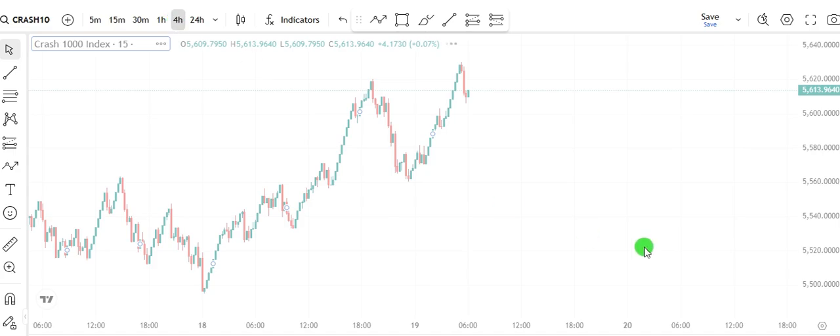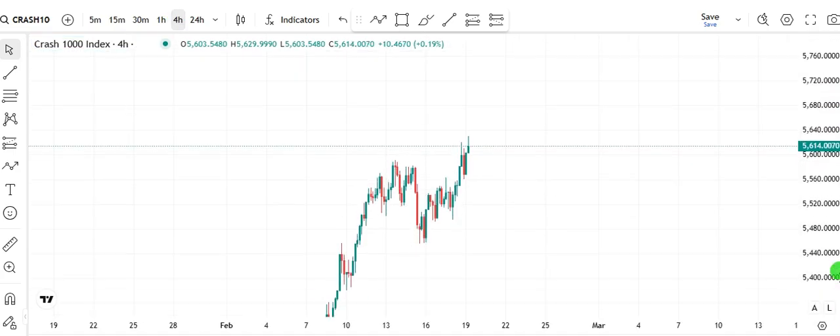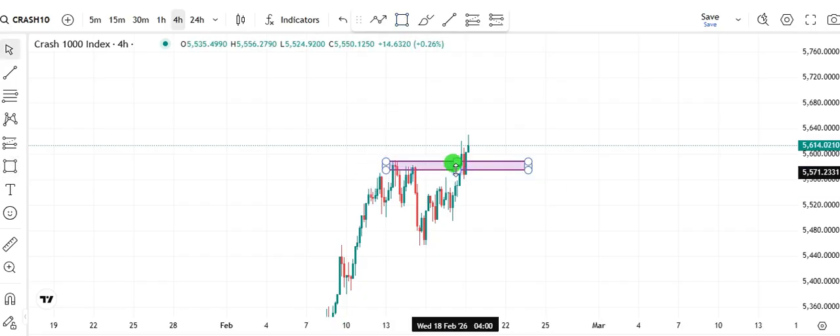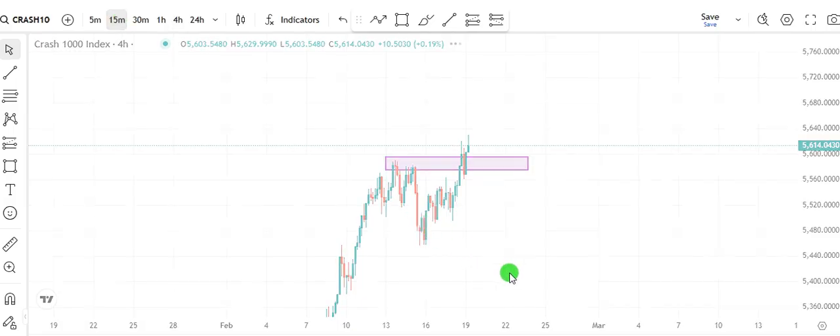Let's go to the 4-hour chart. I've already seen some bullish formation. Okay, it's already bullish on that and this. So that means I'm looking for bullish formation, of which I've already seen that on the 15-minute chart. I saw it earlier. So let's go back to that.